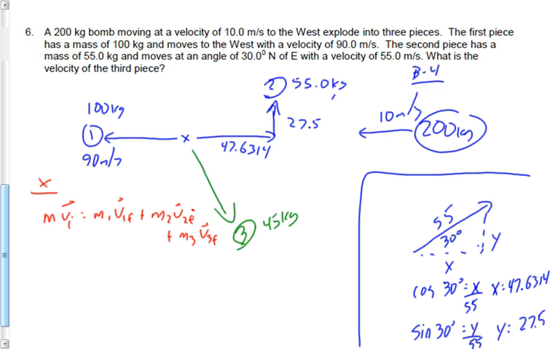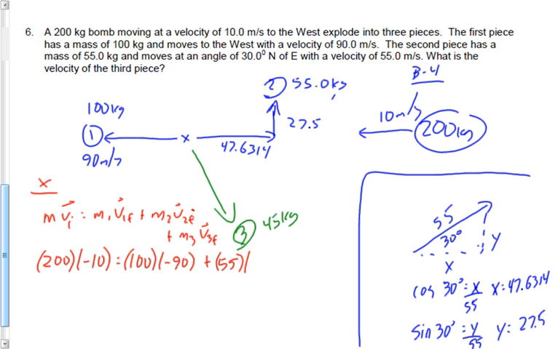The total mass here is 200 kilograms, and VI is negative 10 meters per second. M1 is 100 times negative 90. M2 is 55 times what? 55 times what?